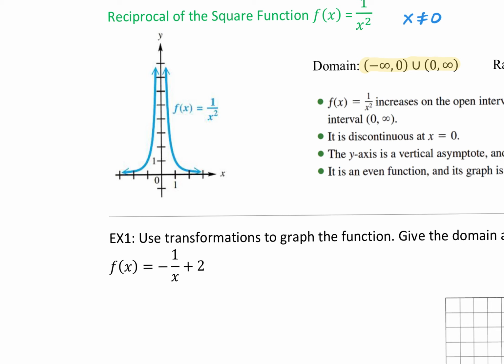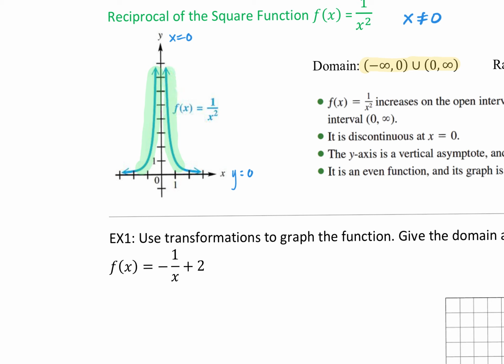Notice that the graph, if we're going to approach 0, which would be the y-axis, and again, that y-axis is the equation x equal to 0. The x-axis is the equation y equal to 0. So if we were to approach x equal to 0, that line, and we're coming in from the left, from the negative side, we're going to go up and follow our asymptote. If we're coming in from the right-hand side, we're going to go up and follow our asymptote.